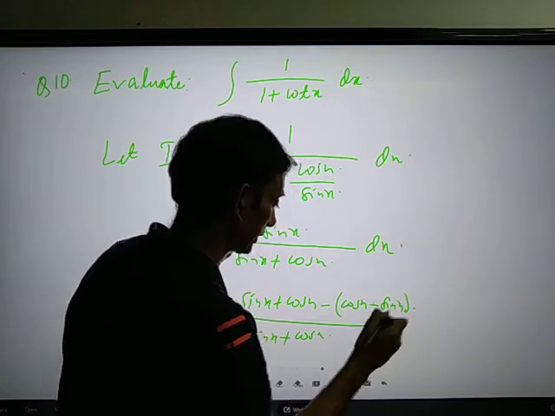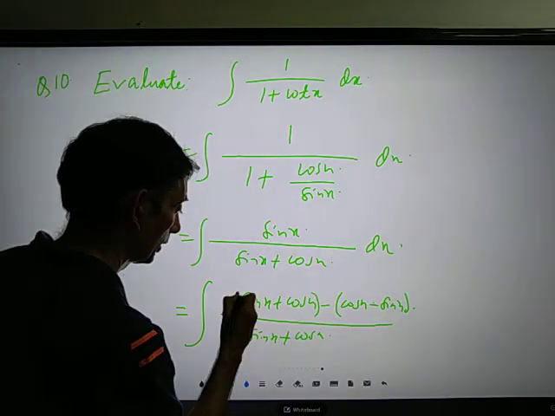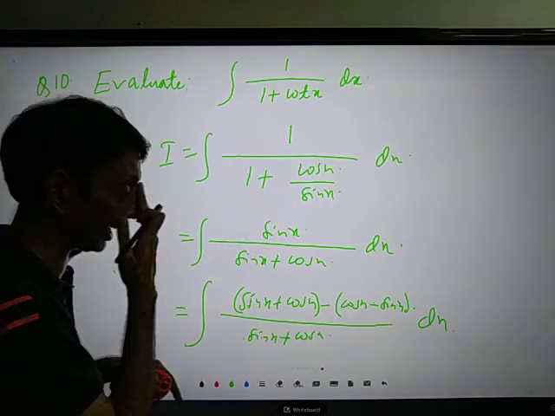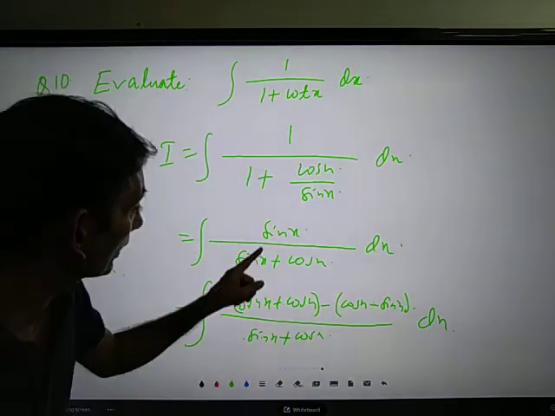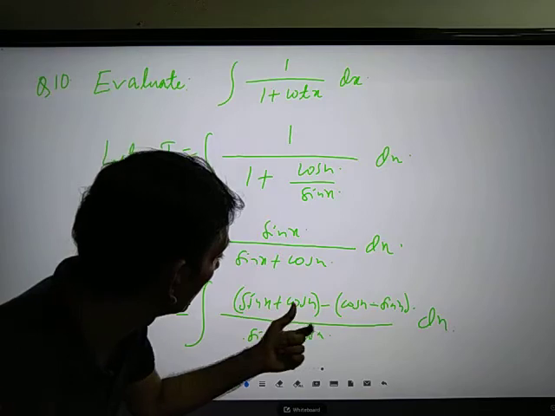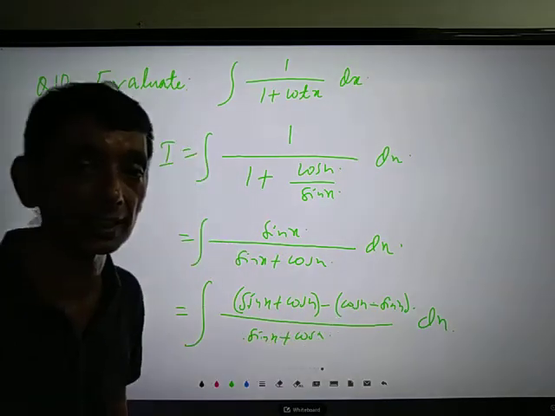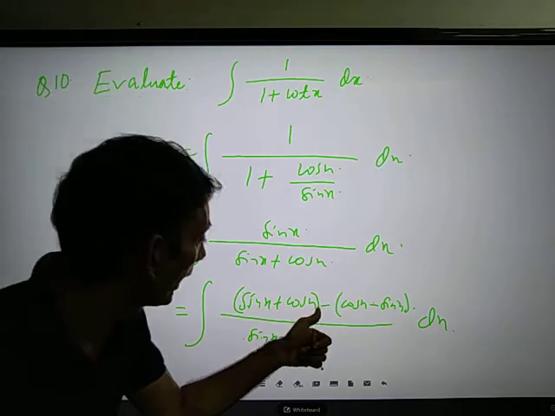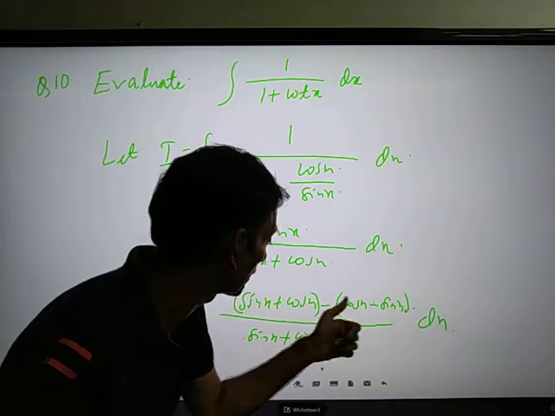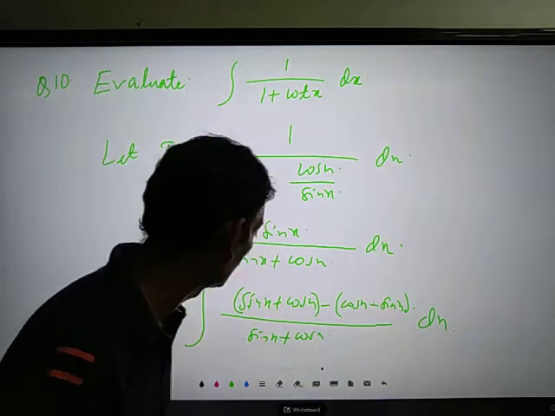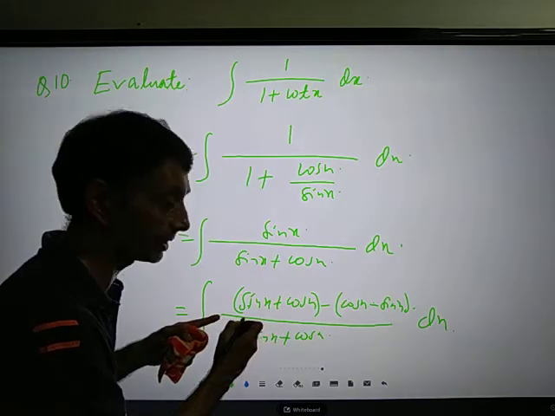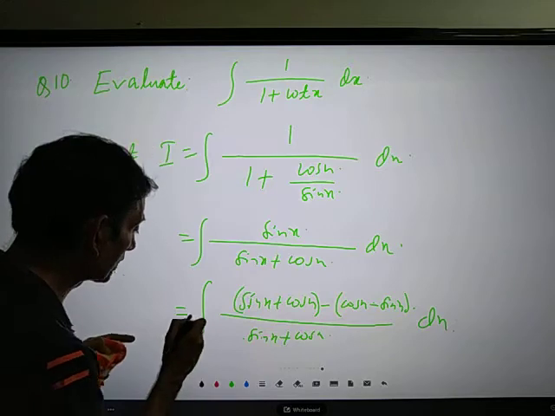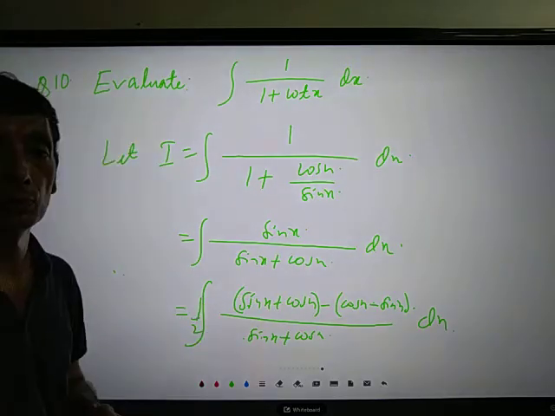Now check the difference between this expression and sin x. Here, in sin x plus cos x, the cos x and minus cos x will get cancelled out because we don't need cos x there, so I'm putting a minus sign. If we multiply the second expression, it will be plus sin x, and there is already one sin x, so it will be 2 sin x, but it has to be 1 sin x, so multiply it by half.